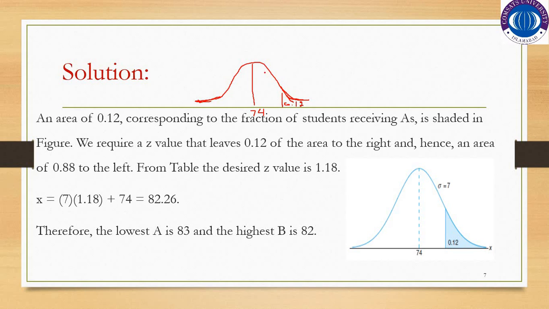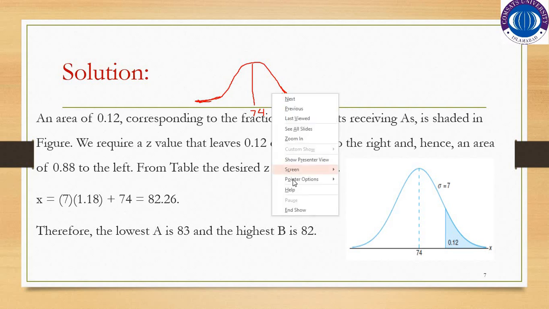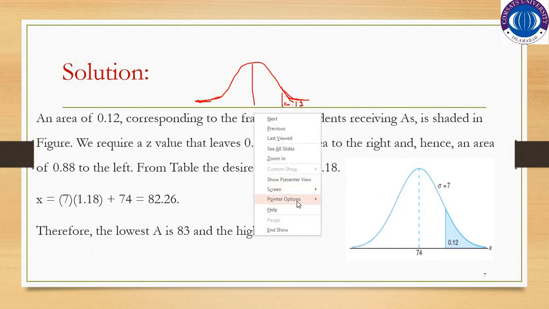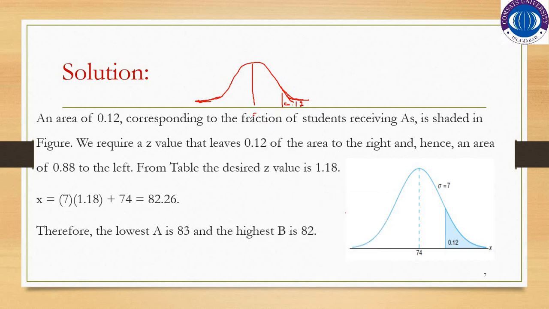And as you know that the total area on this side is 0.5, and if we are dealing with the standard normal distribution, the mean should be 0, and as this point is unknown, let's suppose this point is Z, you can say Z1, I'm just naming it.